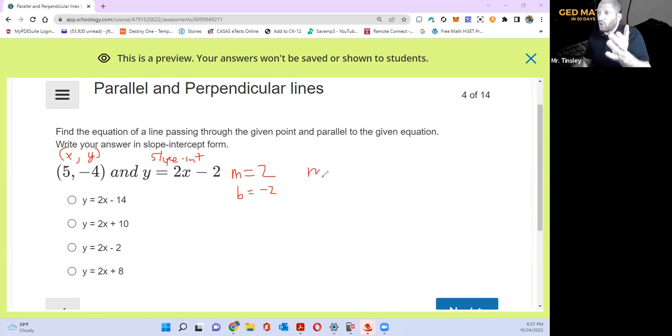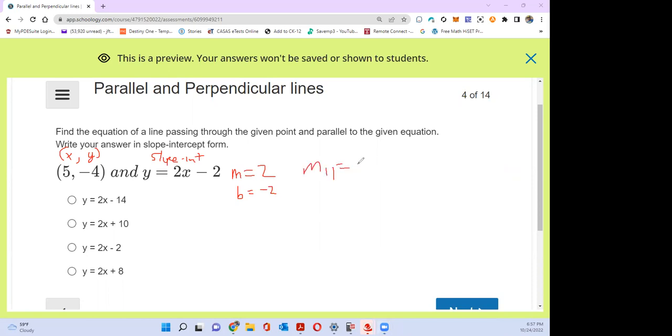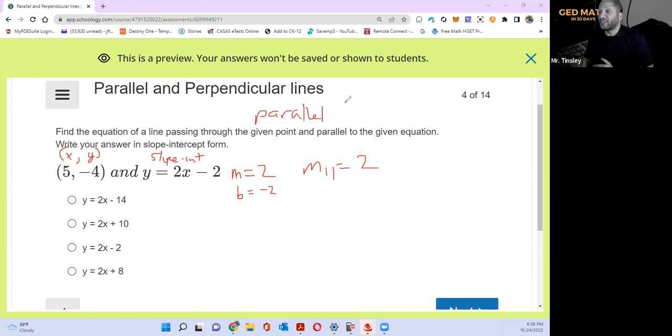So if the slope of this line is 2, what's the slope of any line that's parallel to this line? 2. Don't let that X be your downfall. The slope is a number, not a variable. The slope of any line parallel to that line is also 2. Why? Because parallel lines have the same slope.